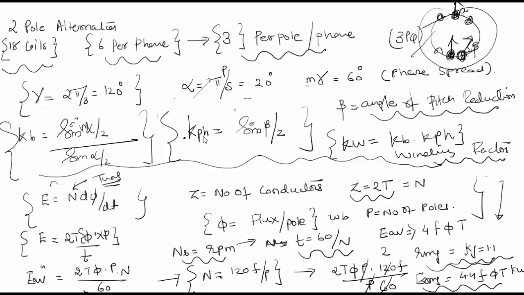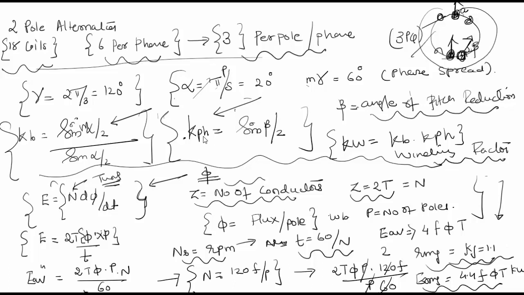So these are all the values which we derived, and it's possible to mathematically or graphically verify for the finding out of the breadth factor, finding out of the winding factor. And it's even possible to mathematically verify for this if you are taking a specific design case of a machine where you are having a specific value of flux per pole and number of conductors and the synchronous speed given, then it's possible to verify for the voltage which you are getting here.